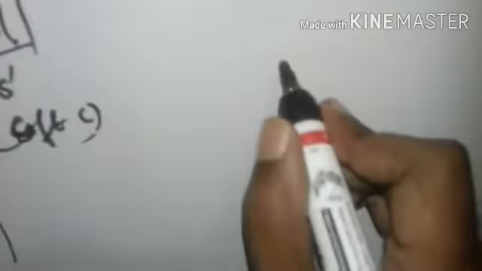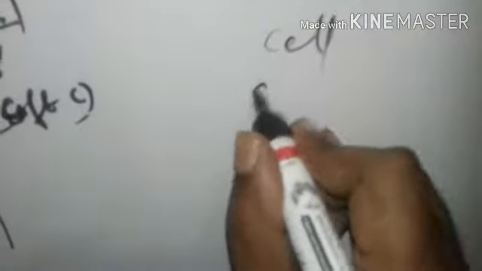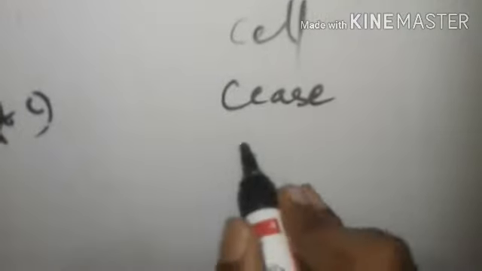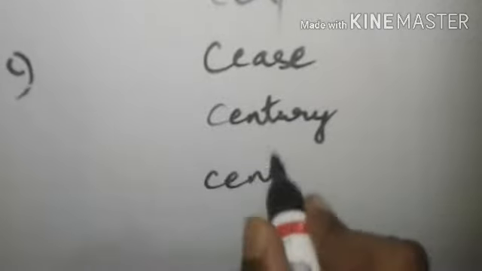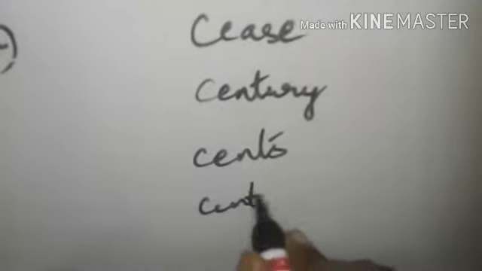Also take different words which are pronounced with a soft C, like cell, cells, century, cents, centimeters.